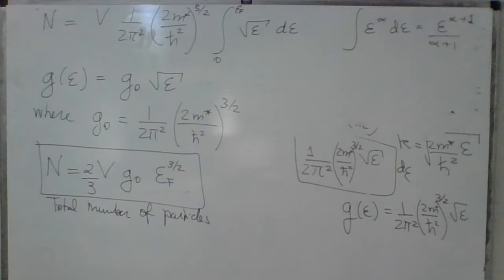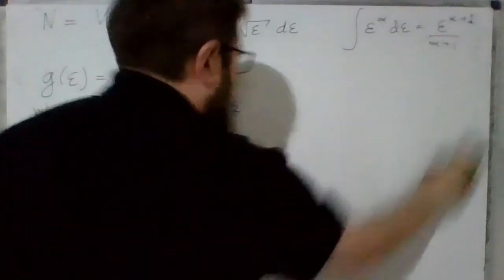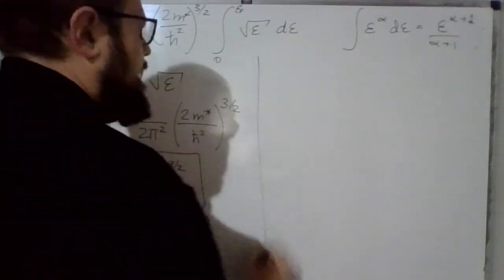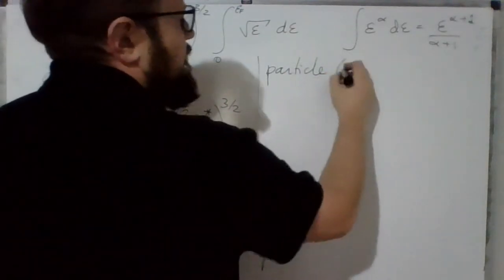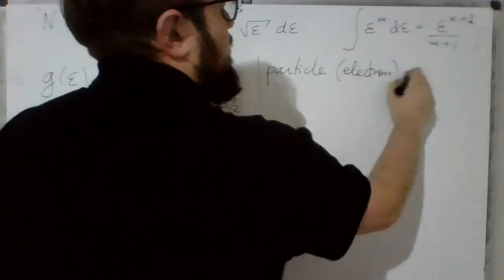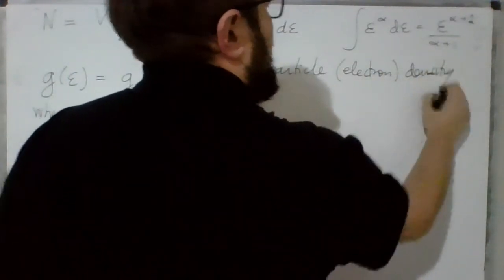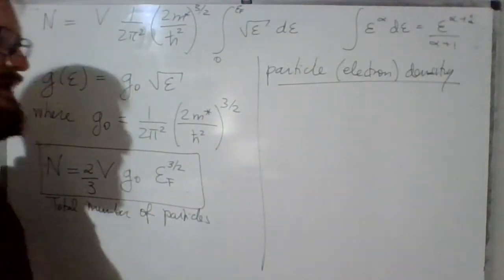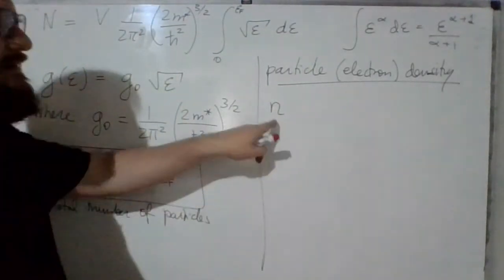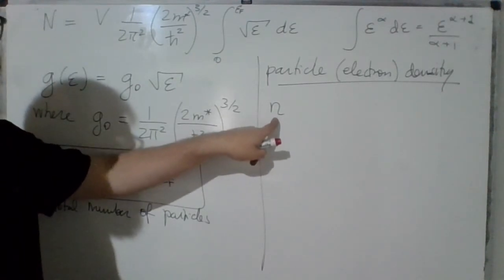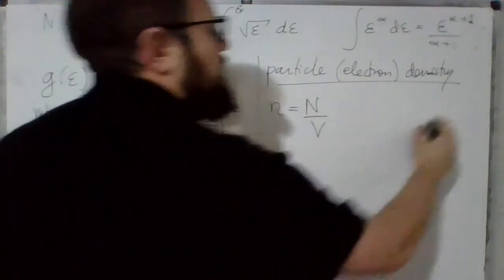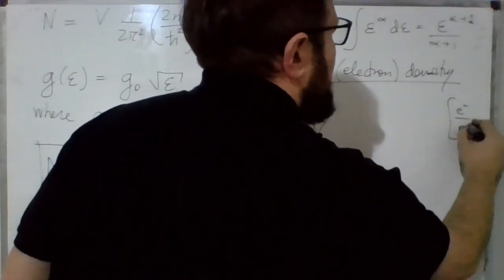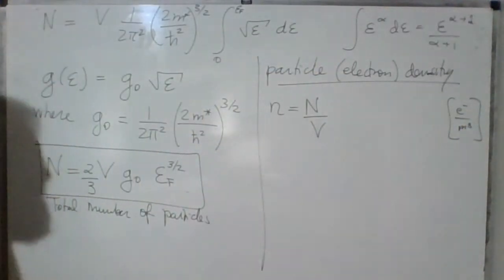Okay. And now, if you divide it by the volume, you have a relation with the particle density. In this case, it's the electron density in the gas. Okay? It is just this n, in electrons per cubic meter, just the total number divided by the volume, in electrons per cubic meter if we are interested in electrons.